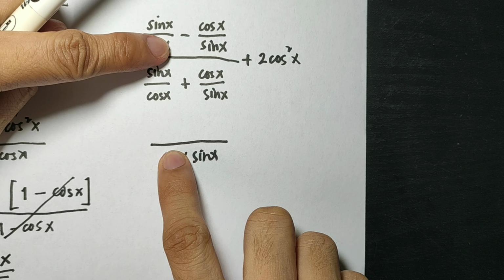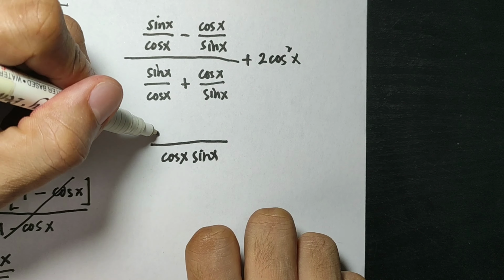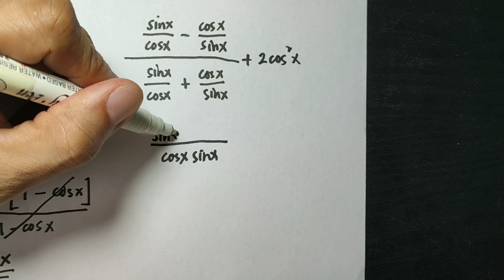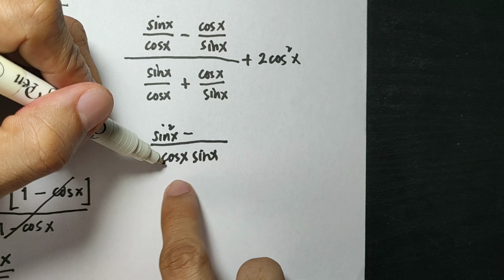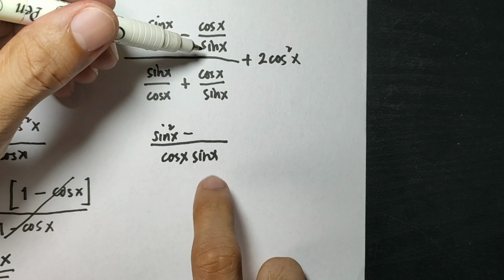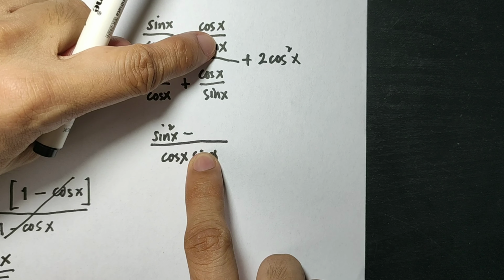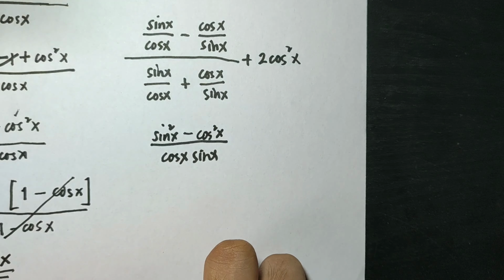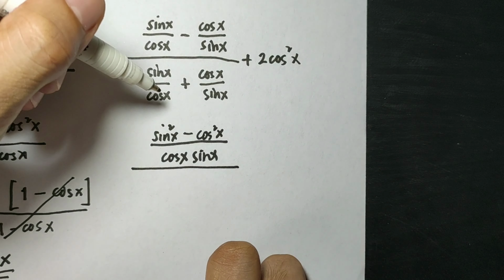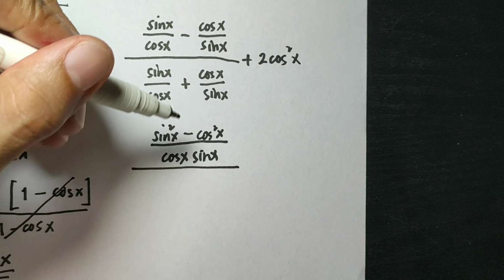So the remaining term, we have sine x times sine x, that will be sine square x, minus cosine x sine x divided by sine x. This will be cancelled. Then the remaining terms, we have the cosine x times cosine x, that will be cosine square x, all over. We will do the same thing here, but this time the operation is addition.